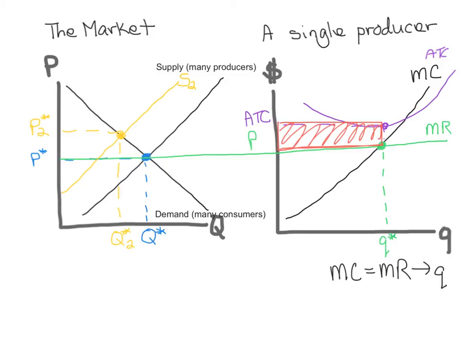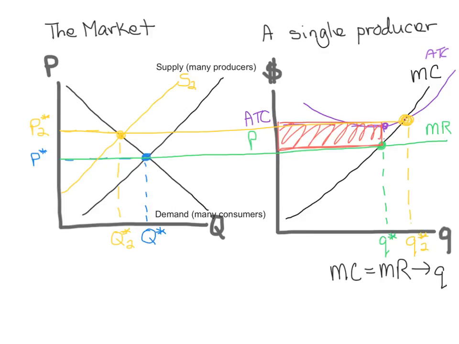He needs to figure out his new Q star by setting marginal cost equal to the new marginal revenue, the new P star. So we're going to draw a line from this market price, and set it equal to the marginal cost of production. And this is going to occur at a higher quantity of production for our coffee producer, Q star 2.